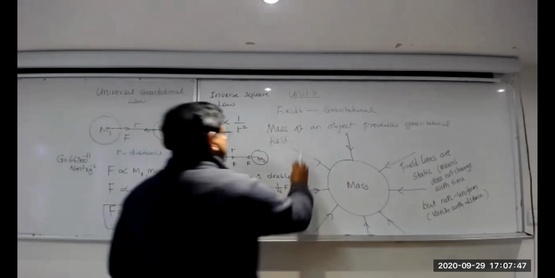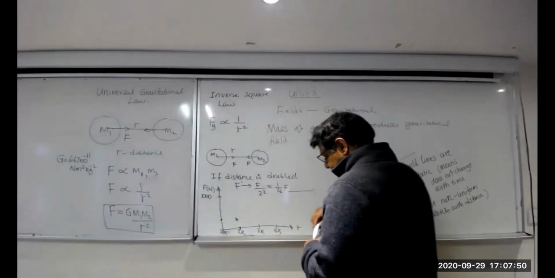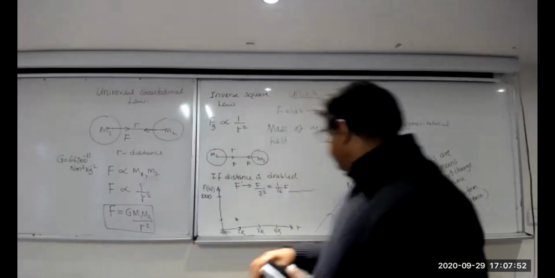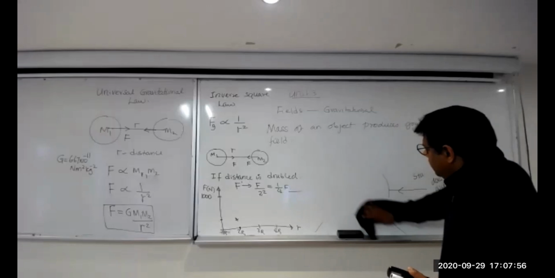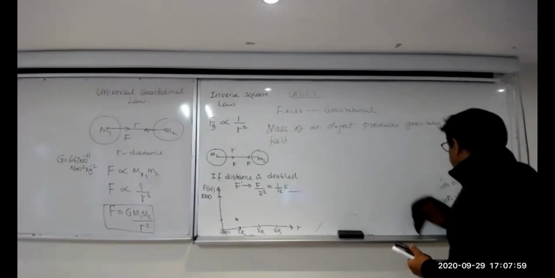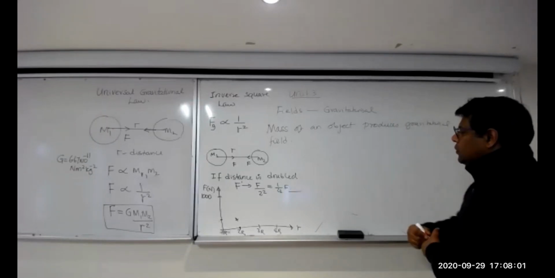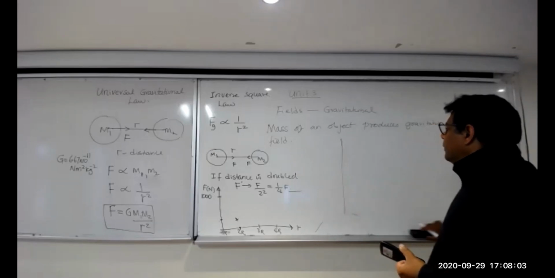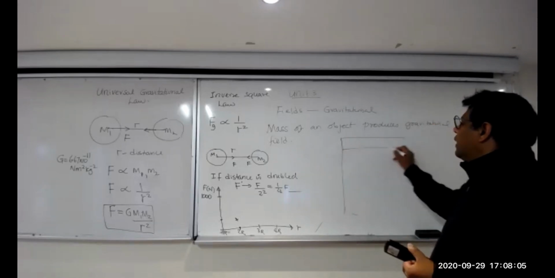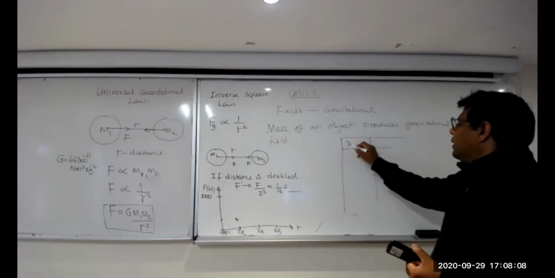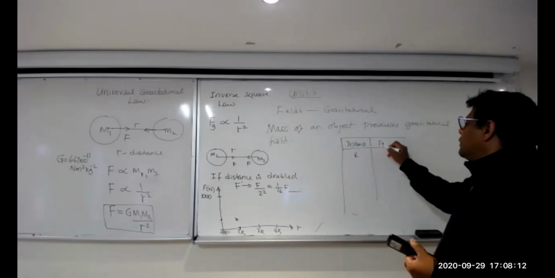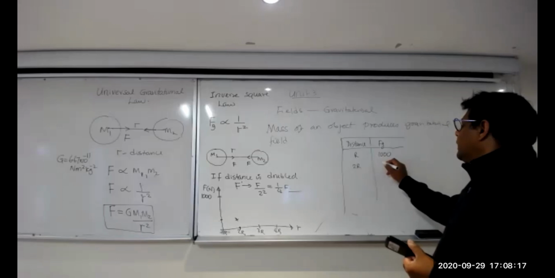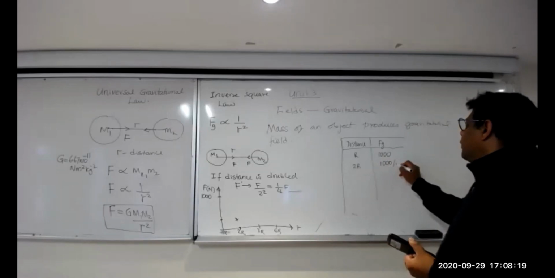So I'm just trying to put it into context. Let's say at distance r, the gravitational force is 1000. If we double it, this becomes 1000 divided by 4.